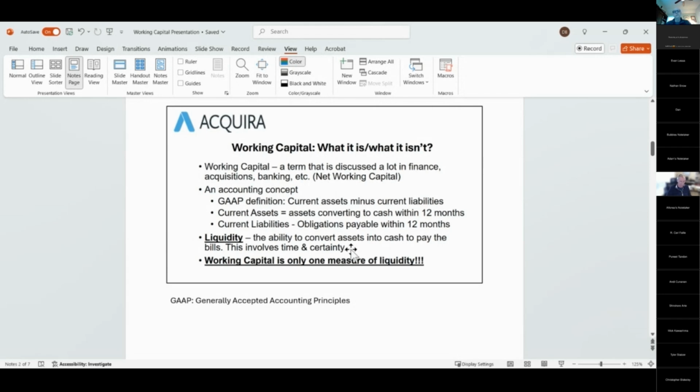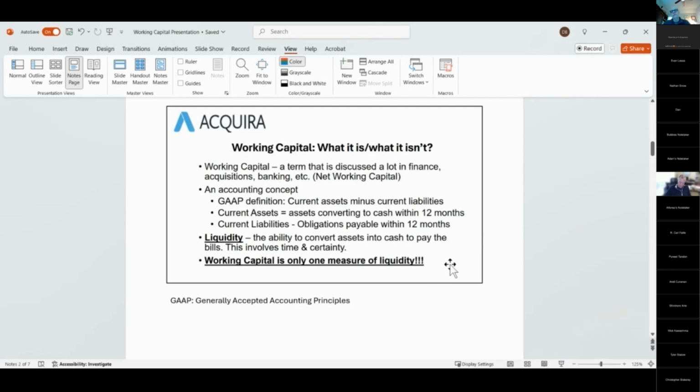And there's also the probability of collection inherent in that receivable. Will the obligor pay it? So those are things you need to be tuned into, and not everybody is when you're looking at these upfront, looking at a purchase agreement and thinking about all the things you need to think about before you make this acquisition.